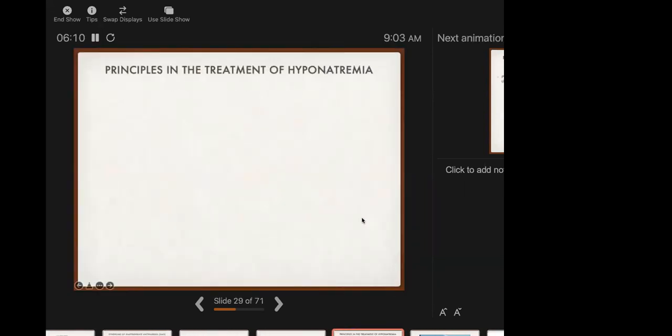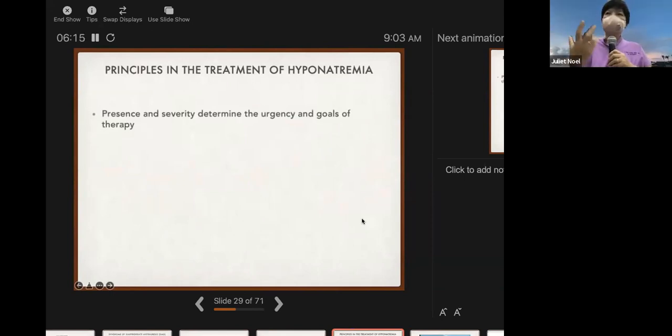So, principles of treatment in hyponatremia. I would want you to understand the principles, then the practice of correction will follow later. So for the presence of hyponatremia, you have to detect this, and the guide would be the severity. Of course, if it's severe hyponatremia, you have to treat it right away, but the goal would be different.